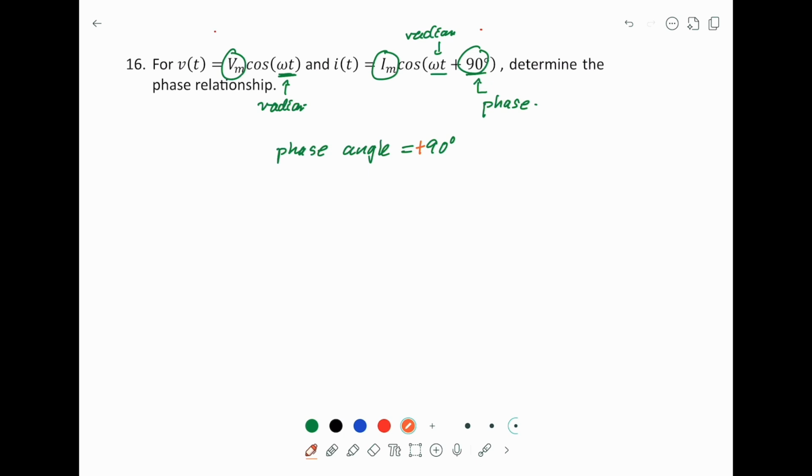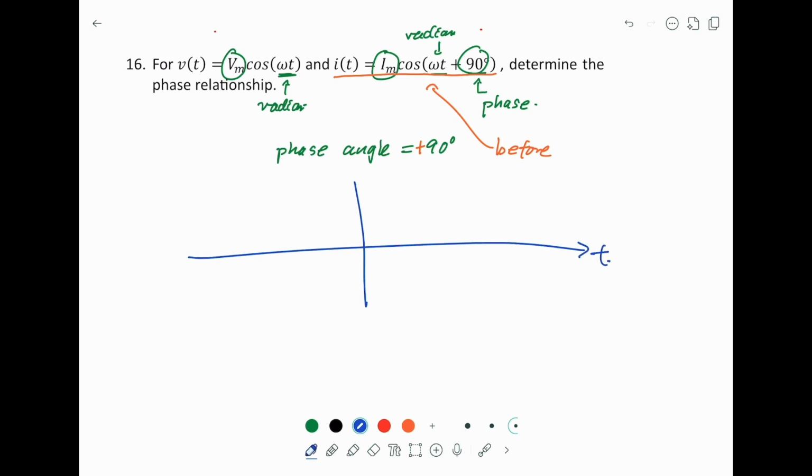As we discussed before, it means the current shifts to the left-hand side in the time domain. It means the current happened before the voltage. If you plot the voltage and current on the same graph, this is the time domain, so the horizontal axis is time, and the voltage is a cosine function.